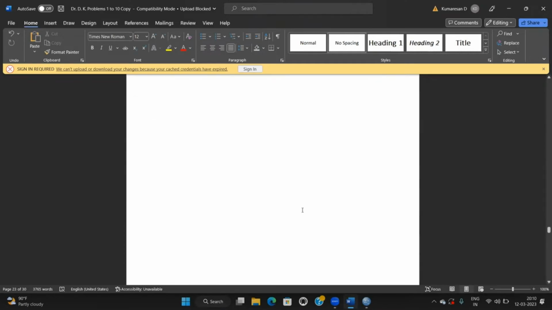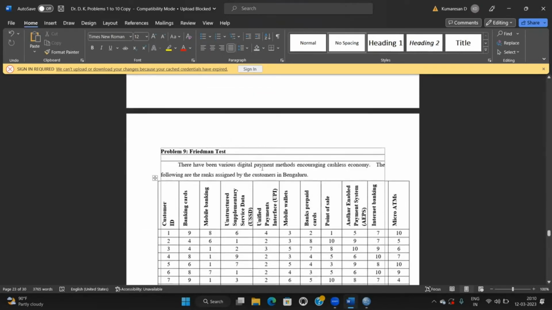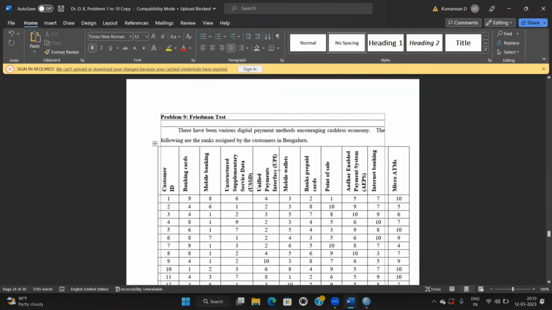The next one is somehow different: the Friedman test. See, nowadays we are using digital payment methods. We are using banking cards, mobile banking, USSD, UPI, mobile wallets. Sometimes prepaid cards are issued by banks.